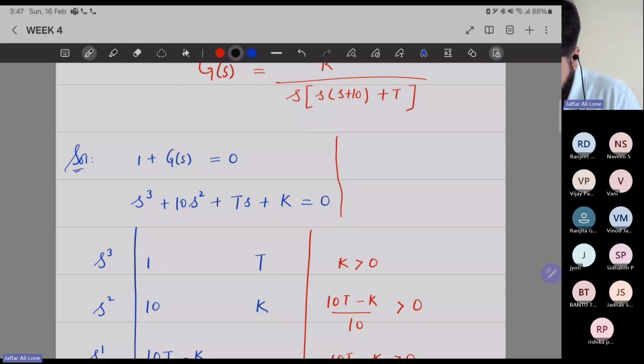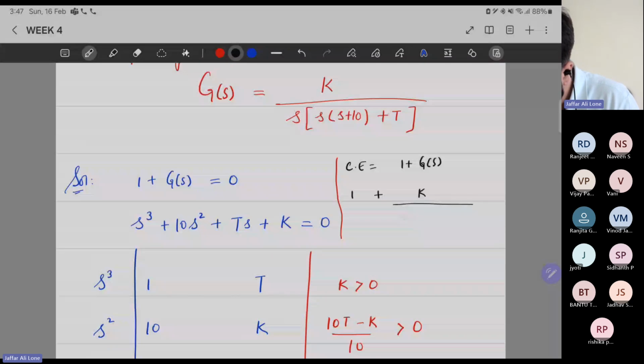So this is G(s). I said the characteristic equation is 1 plus G(s). So I'll write 1 plus K divided by s(s plus 10 plus t). Now I will do cross multiplication.